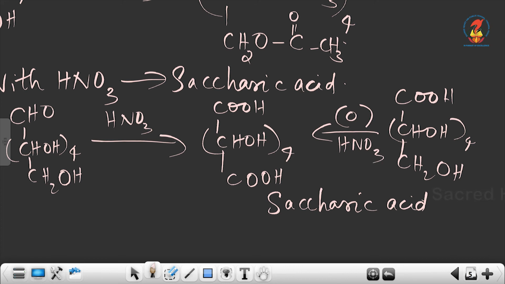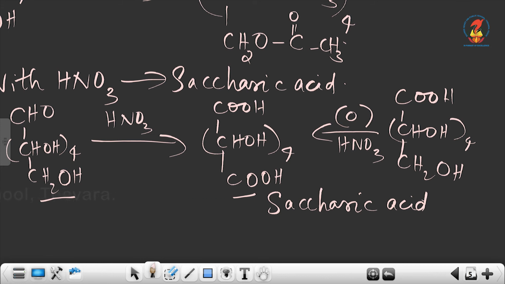So this is the last reaction which proved the presence of a primary alcohol group. You can see the CH2OH is also getting oxidized to COOH. So on oxidation with nitric acid, glucose as well as gluconic acid both gave a dicarboxylic acid called saccharic acid. It's a dicarboxylic acid, with 2 COOH groups, and indicates the presence of primary alcohol group in glucose.